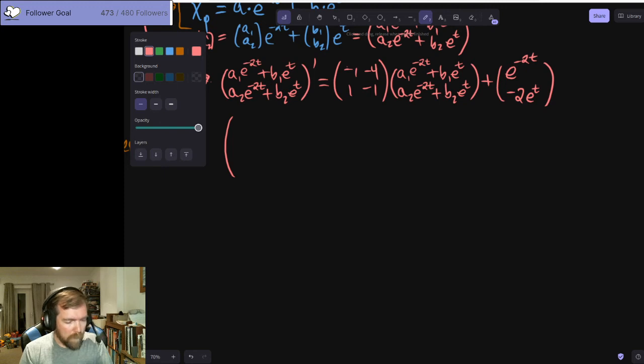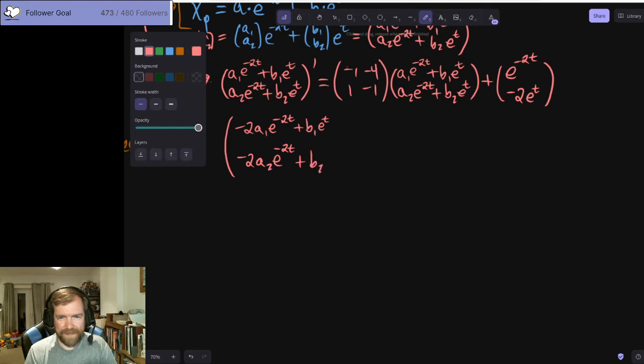So minus 2a1 e to the negative 2t, and then plus b1 e to the t, and then similarly below. You'll basically copy it, but change the b1 and a1 to b2, a2. Right. All right, that is going to be equal to, slightly different this time. So now what do we get?